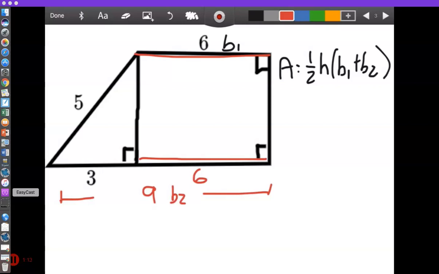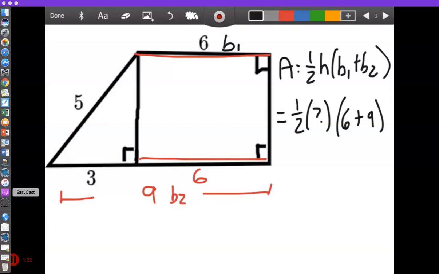We don't have what the height is. So if I was trying to solve this problem, I have 1/2. I don't know what the height is right now, but I know base 1 is 6, and I know base 2 is 9. So I have to figure out what the height is so I can figure out what the area is. That was supposed to be a question mark.